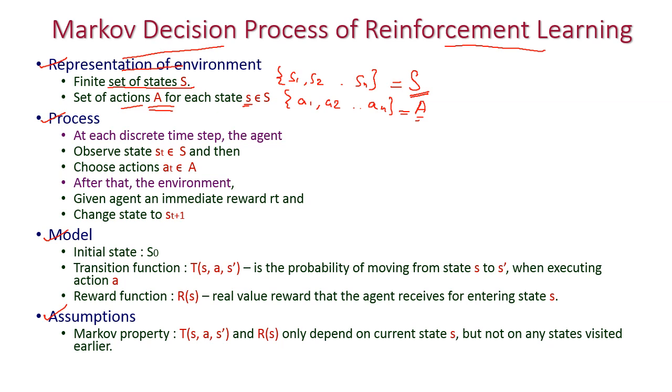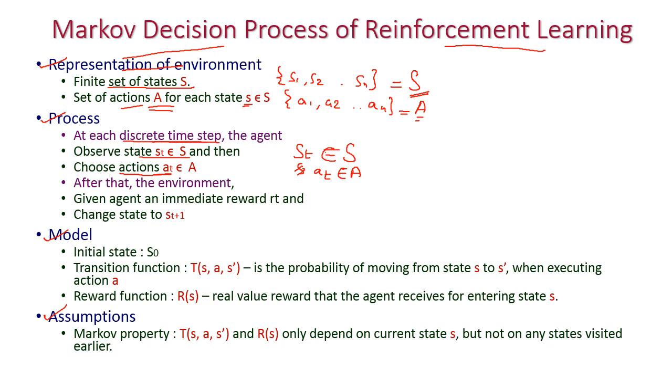And the next one is the process. What process will take place? First, at each discrete time step, the agent observes the state of the environment, that is, the state s at time t, which belongs to the total set of states, and we need to choose the corresponding action, small a at time t, from the total set of actions.